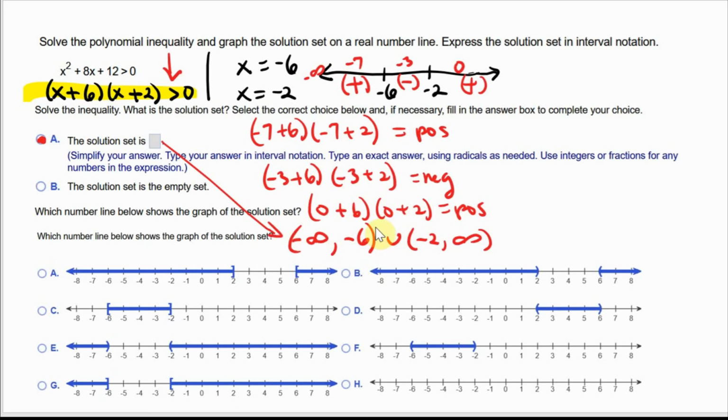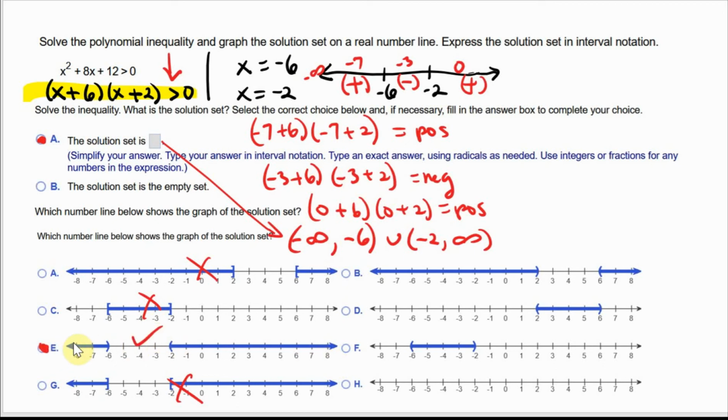Since we have parentheses, that means it does not include the endpoints, because it didn't have greater than or equal to. If it had greater than or equal to, then we'd pick the ones with the bracket. But here we're looking for the parentheses. So we can exclude this one, exclude that one, exclude that one. So now we're going from -infinity to -6, and then from -2 to positive infinity. That's it right there.